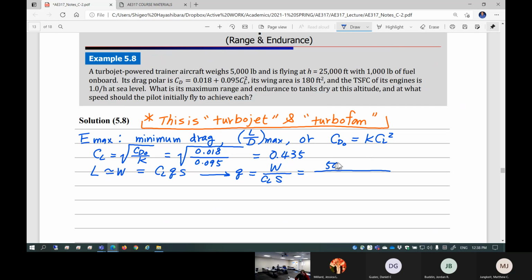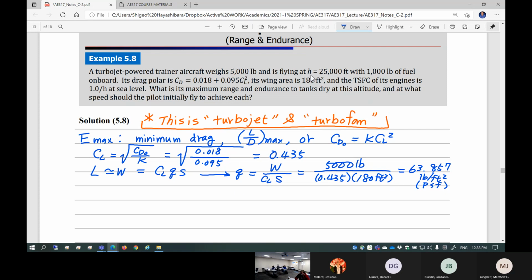Let's just plug in. Airplane weight is 5,000 pounds. Lift coefficient required is 0.435. Wing area, 180 feet squared, given. So dynamic pressure, now we have 63.857 pounds per square foot, PSF, standard unit. So this is the dynamic pressure you get.